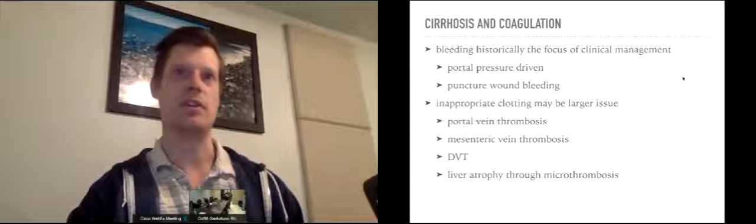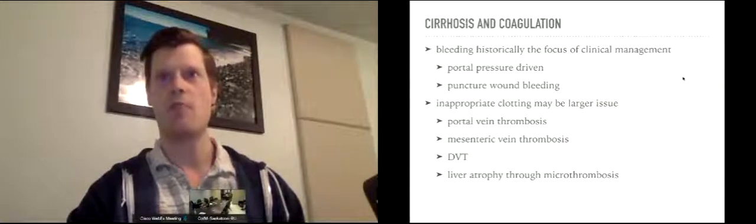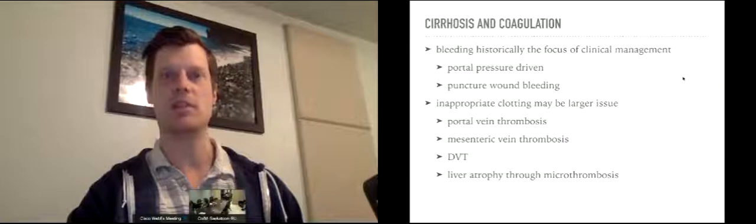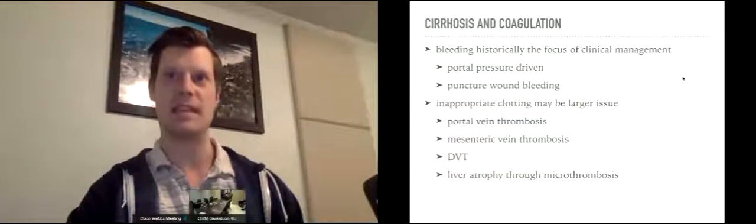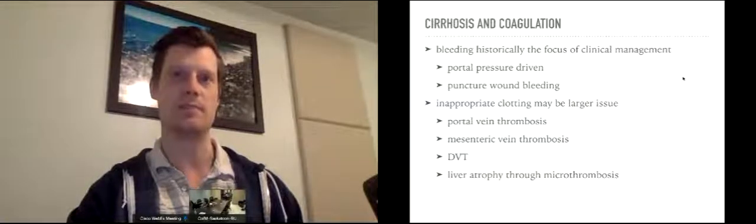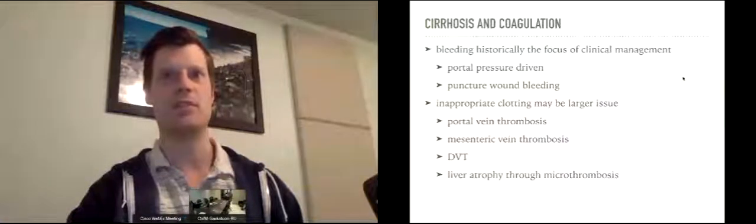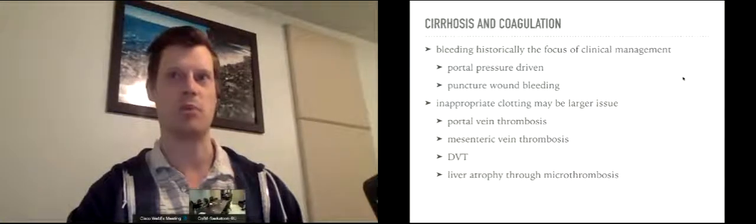Coagulation disorders are an integral component of liver disease and constitute a key aspect of most prognostic scores. For many years, bleeding issues have been the dominant concern amongst clinicians, but more recently, inappropriate clotting has taken the spotlight. Bleeding can be broadly divided into two main categories. Portal pressure driven, which has little relevance to hemostatic mechanisms. In other words, portal pressures increase variceal bleeding.